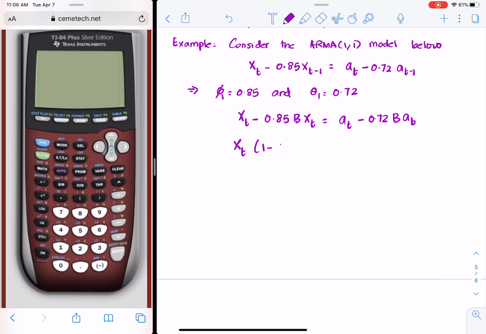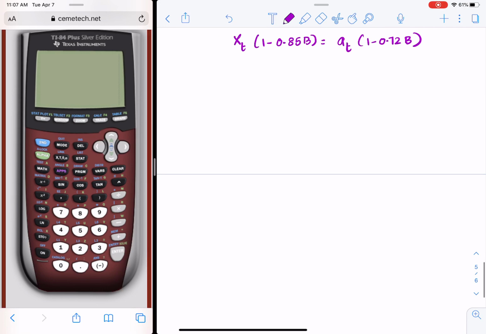Xt times 1 minus 0.85b would equal to at times 1 minus 0.72b. So the characteristic polynomial for the phi part is 1 minus 0.85b.